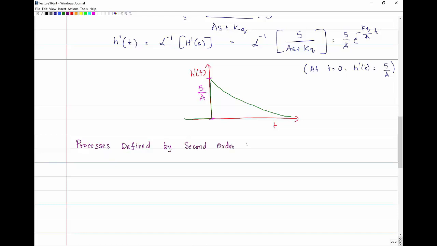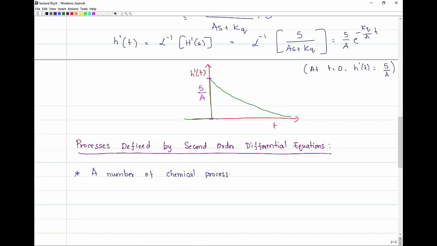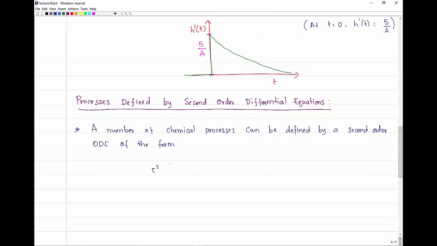So let's consider processes defined by second order differential equations. It turns out that just like processes that are defined by first order differential equations, there are a variety of processes that are defined by second order differential equations of the following form.